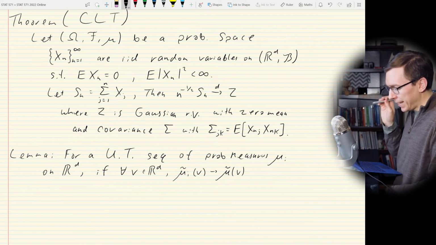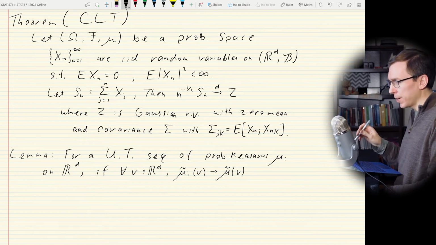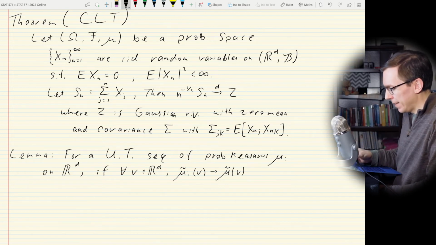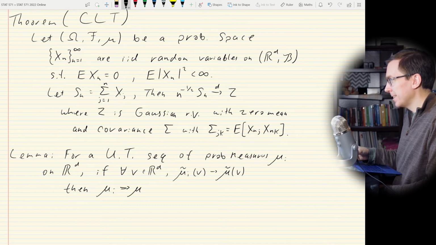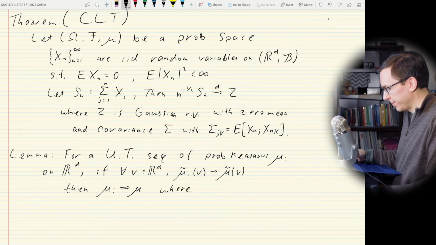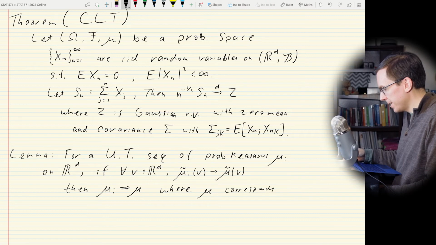So if the characteristic functions converge pointwise, that is for all v, then we have weak convergence of measure, where mu corresponds to mu tilde.